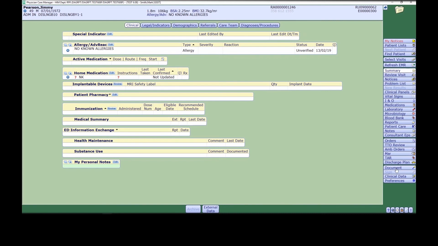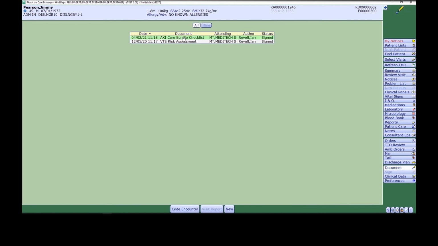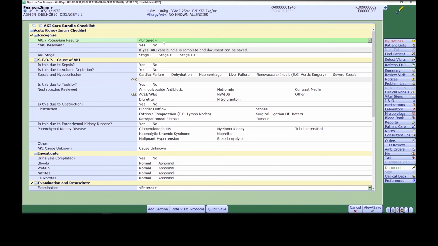So I'd go to Document and New. I've got AKI bundle as one of my favorites. You will see from the lab results normally that it will give you an AKI, a creatinine, the staging and the potassium.